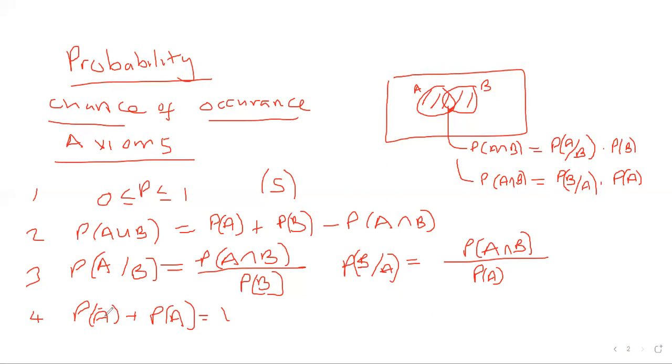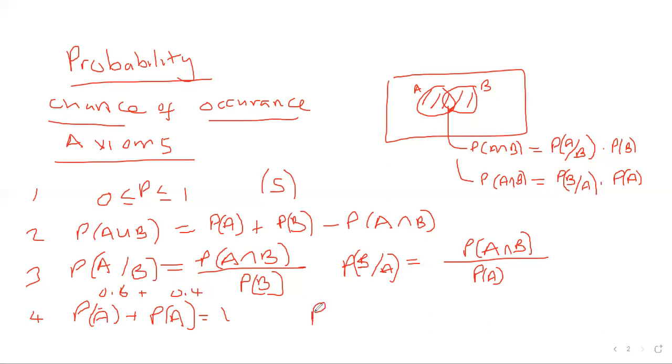Then we have the complement. A complement plus A should give us 1. So if A is 0.4, the complement of A is 0.6, the remainder to get 100%. If A is 0.1, the complement should be 0.9 or 90%. So the complement is simply the remainder to get 100% or 1.